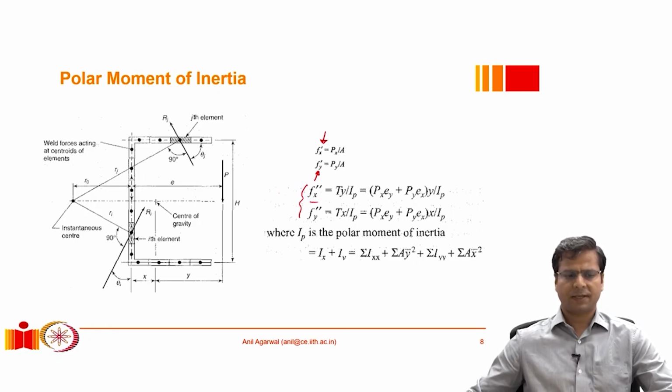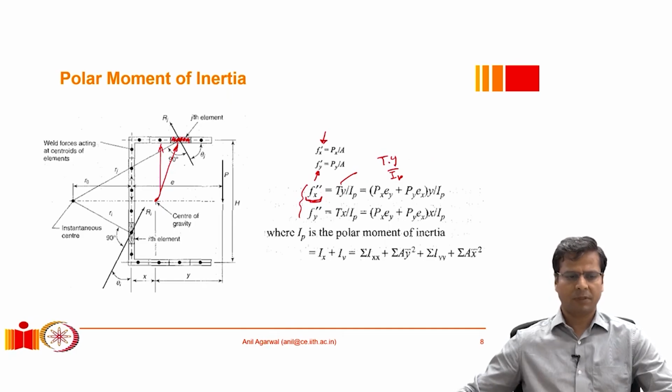So the stress in any small component because of twisting will be equal to the twisting moment T multiplied by the radial distance. So here when I say y, I mean the vertical component of the radial distance, T multiplied by y divided by the IP value. Similarly, this is the x component of that force.